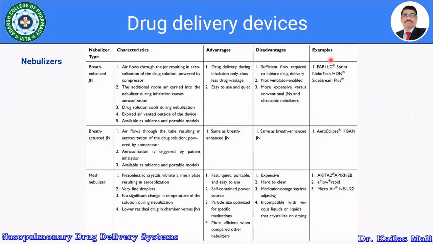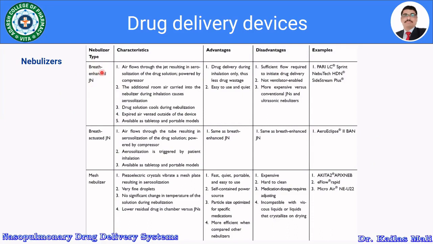Just now we have discussed the various examples of the jet nebulizers and the ultrasonic nebulizers. Let us see the characteristics, advantages and disadvantages of the nebulizers. Very first category, that is the breath enhanced jet nebulizers.